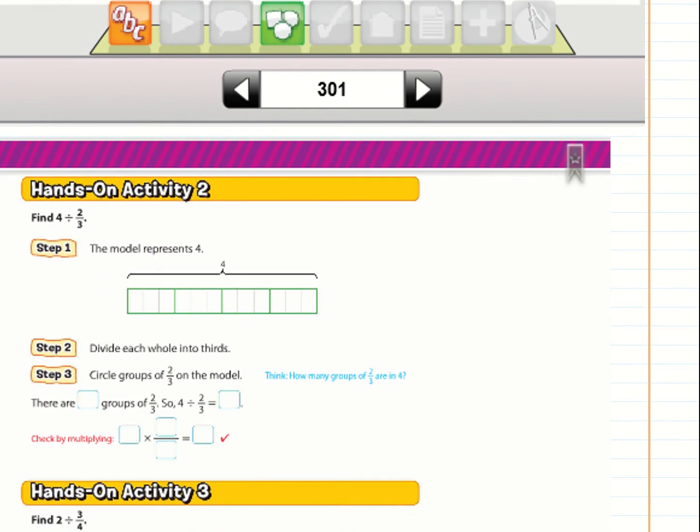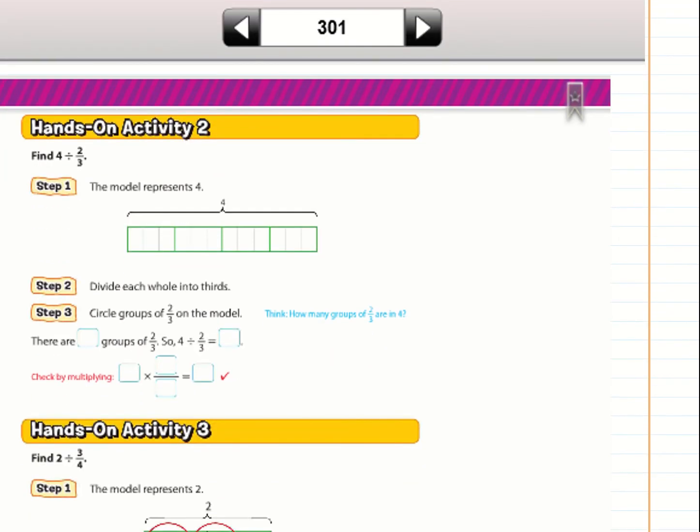So I'm going to do hands-on activity 2. This is 4 divided by 2/3. So step 1, the model represents 4. That is true. Divide each whole into thirds. So when it says each whole, this is where we're dividing it, each whole.